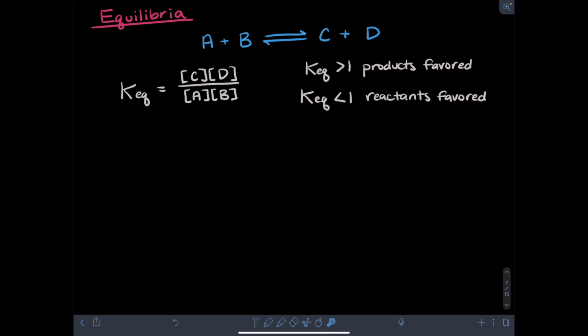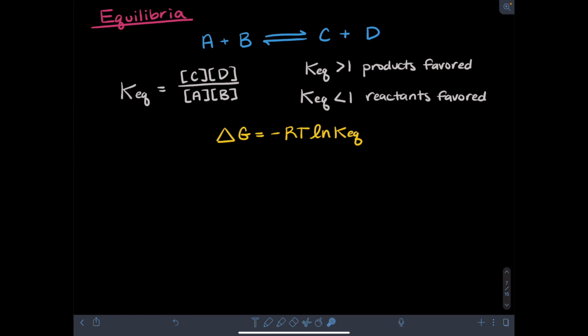If instead the equilibrium constant is less than 1, that means that your denominator is larger than the numerator, meaning your concentrations of starting materials A and B are larger than those of your products C and D, and we would call this reactants being favored.